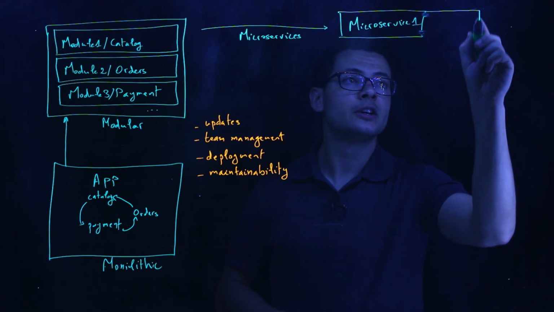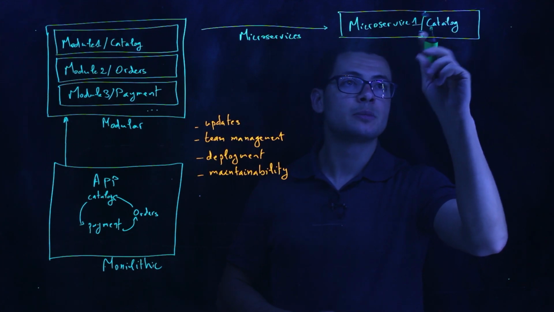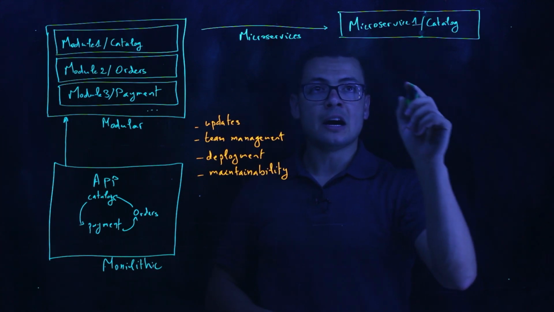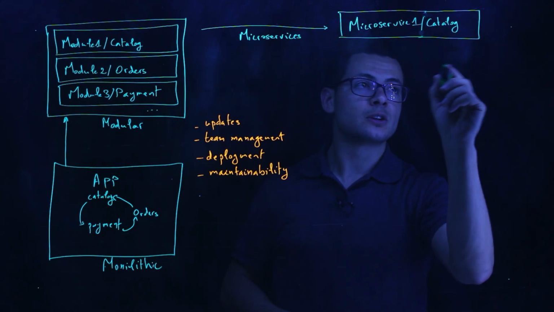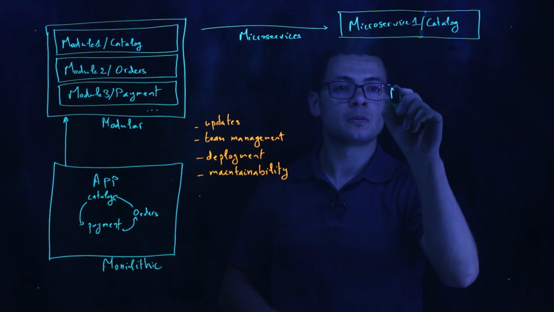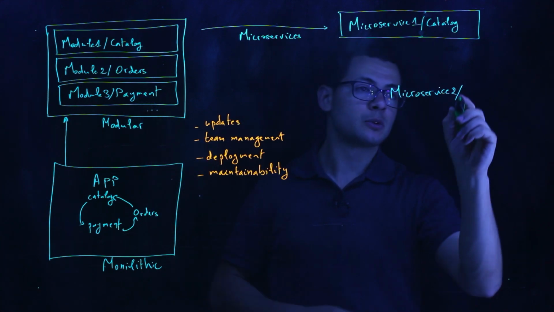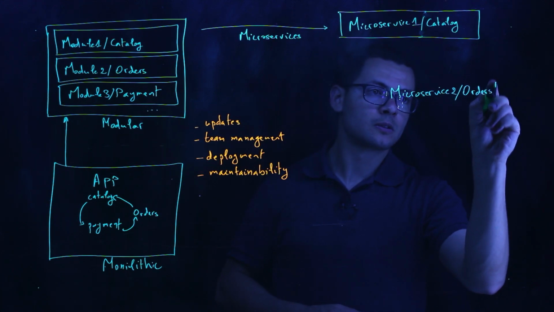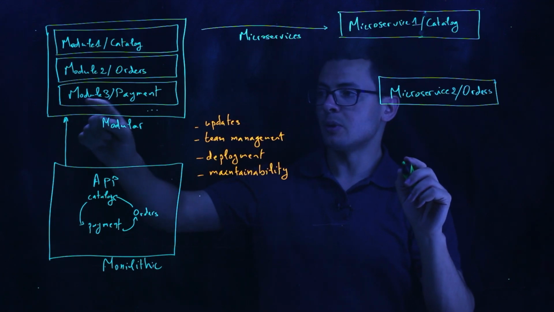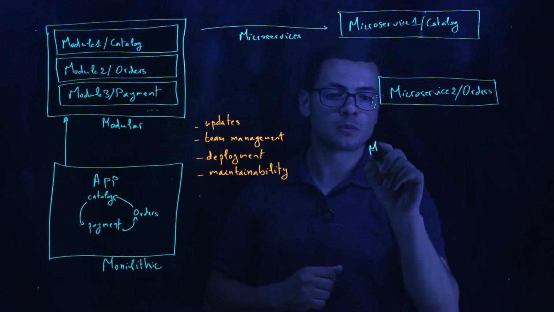So here I'll add another part to say this is the part responsible for managing the catalog of my app. Then we might have a second microservice, microservice number 2, which will be responsible for the orders. And microservice number 3 will implement the functionality for module 3, which is the payment.